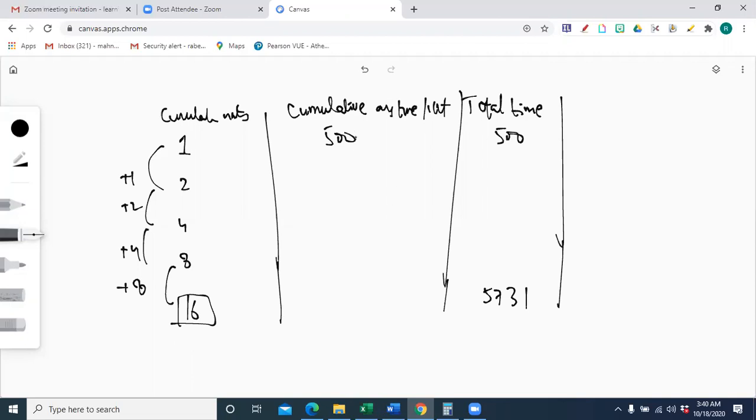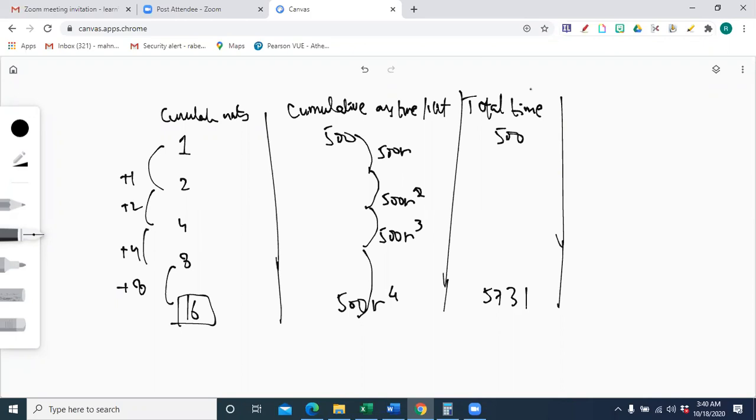For the first time it's going to be 500R, for the second time 500R squared, for the third time 500R cubed, and for the fourth time it's going to be 500R to the power 4.